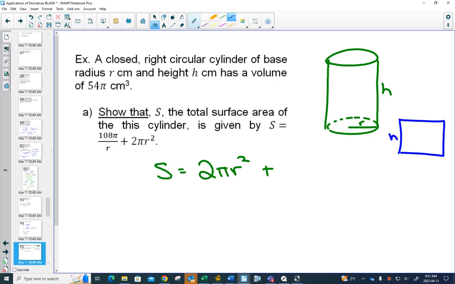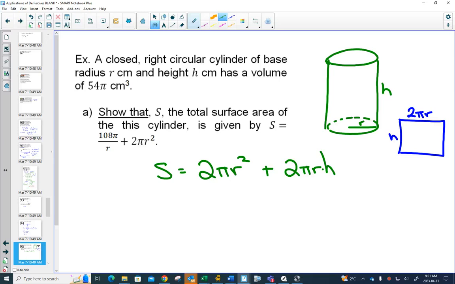That's just the circumference of a circle. So circumference is 2 pi r, and that means that for our surface area formula, the area of that rectangle will just be 2 pi r times h.